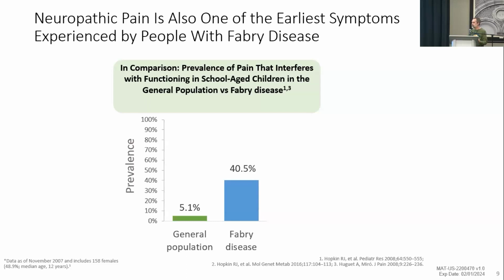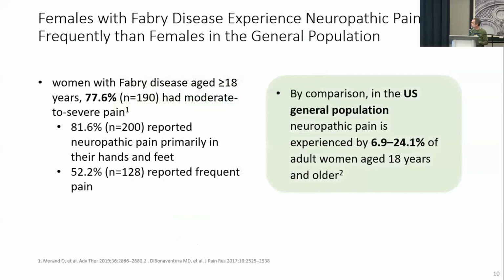And this was school-aged children. And I think that that skewing stays until adulthood, although really reliable numbers on that are hard to come by. Okay, this is one on females.